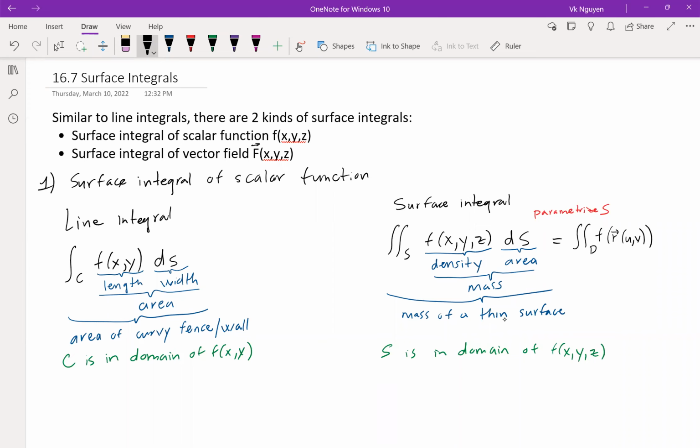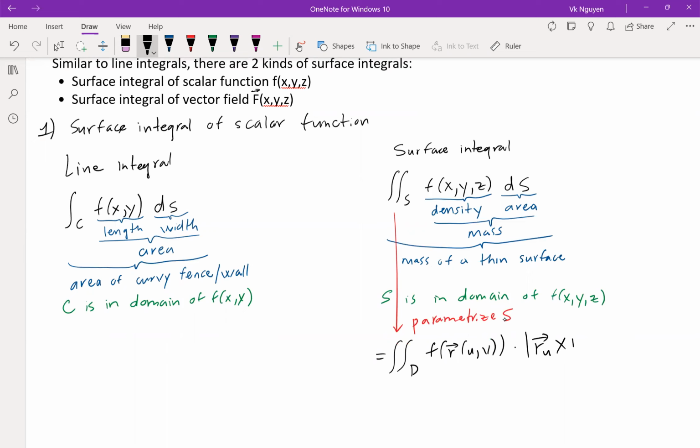And then dS is gonna be, well, what we have from last time is the area. That is the cross product of r_u and r_v, r_u cross r_v, dA. Okay.